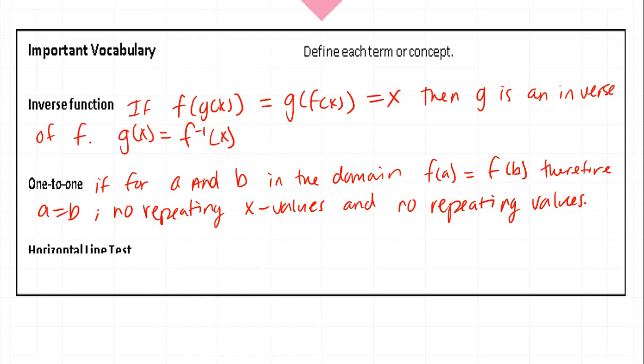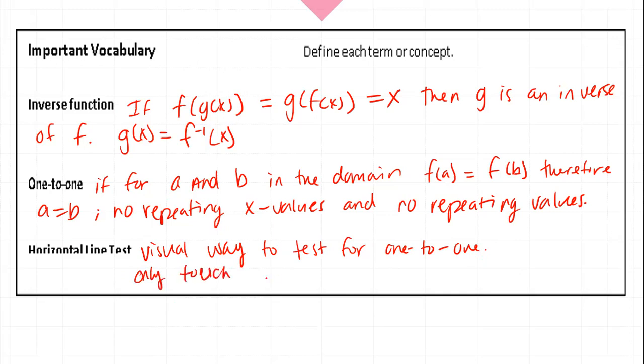Okay, horizontal line test. The horizontal line test is our visual way to test for one-to-one. It's very much like the vertical line test. Instead you go horizontally, and you only want to hit how many points at a time? One. Only touch one point at a time.